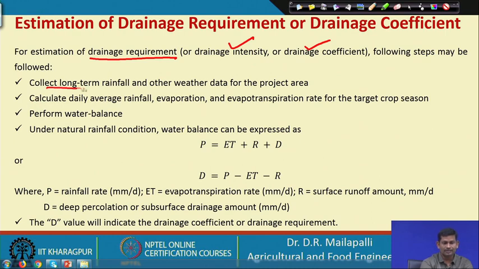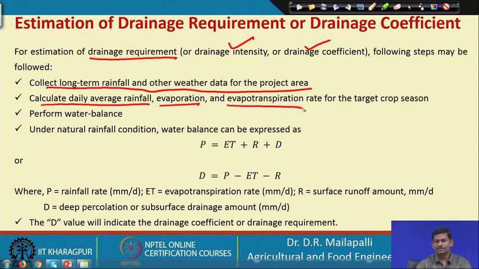The first, collect the long term rainfall and other weather data for the project area. Number 2, calculate the daily average rainfall, evaporation and evapotranspiration rate for the targeted crop season. So, the ET is estimated, and the average P is the precipitation.